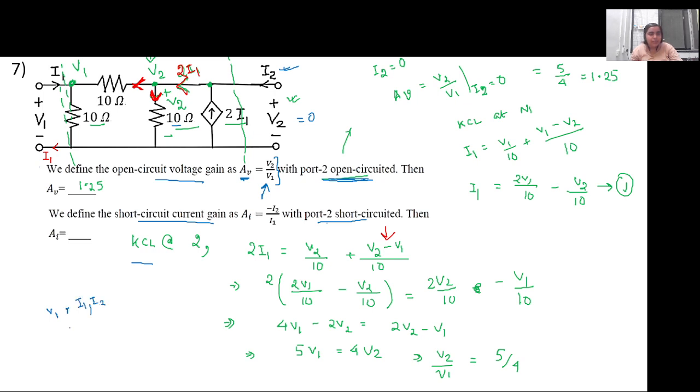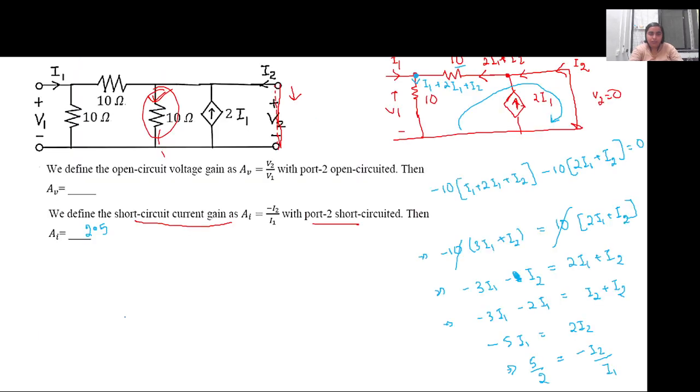For the second equation, since V2 is equal to 0, we will get another equation in terms of I1 and I2. Now we need a ratio between I1 and I2. From one of the equations we will substitute V1 and get one single equation in terms of I1 and I2, which we have done for this case.